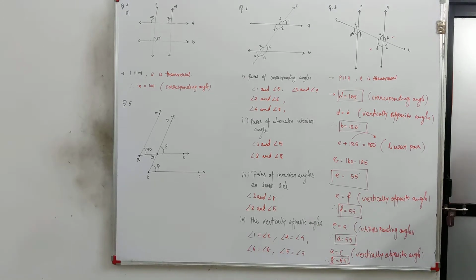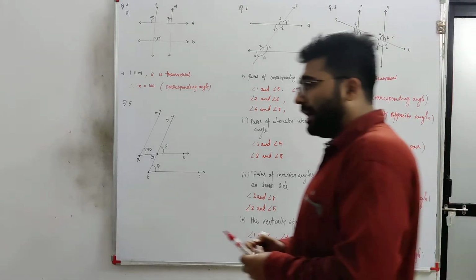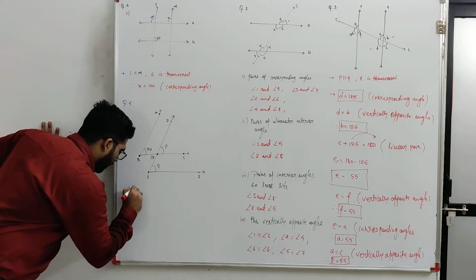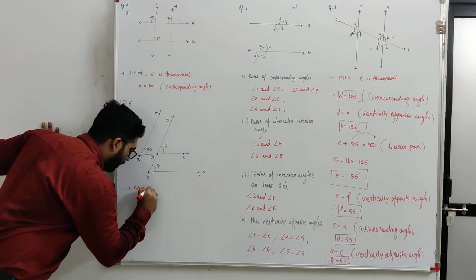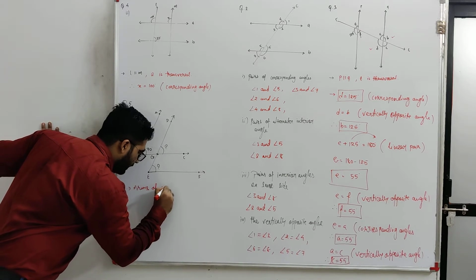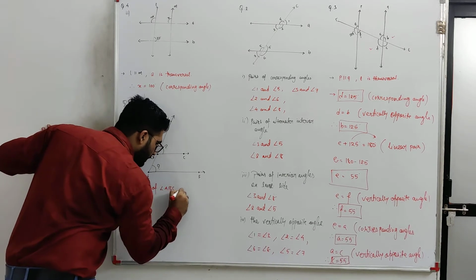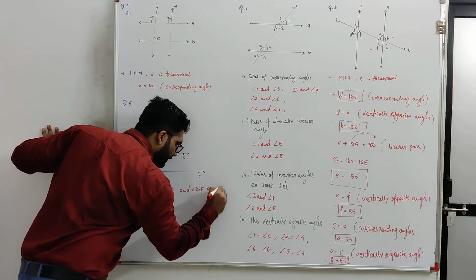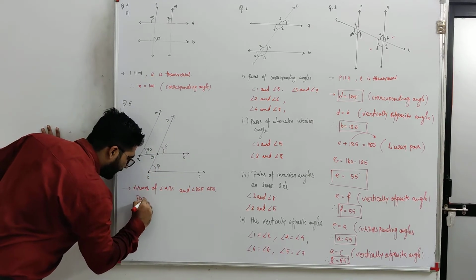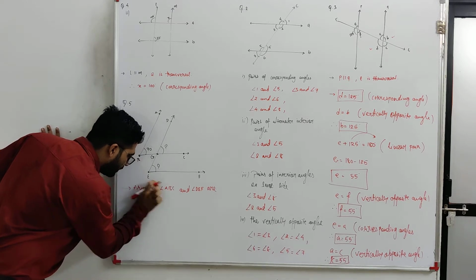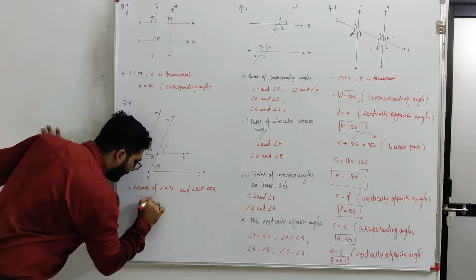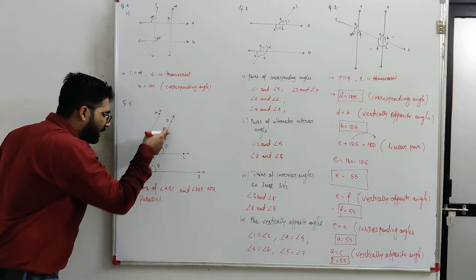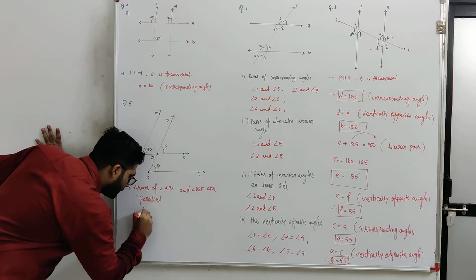Again, the question is not that hard, it is very easy, because they have said the arms of angle ABC and angle DEF are parallel. This is given in my question, so symbolically I can write like this. Therefore, AB is parallel to what? DE.